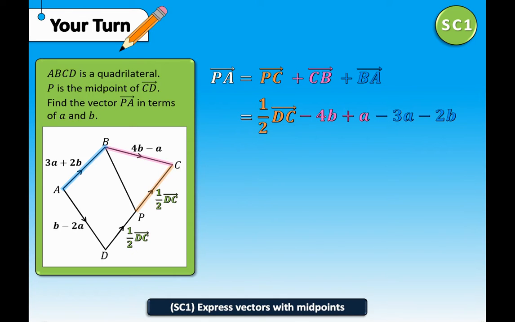And B to A is minus 3a minus 2b, again, because we're going against the arrow. So we need to work out what D to C is.